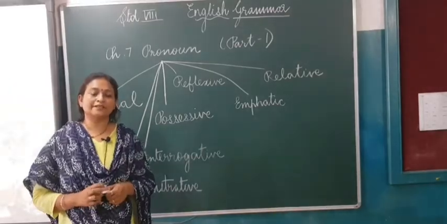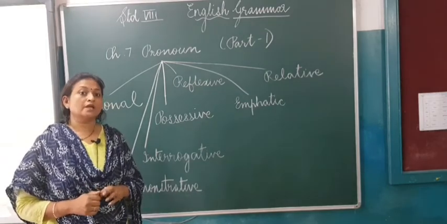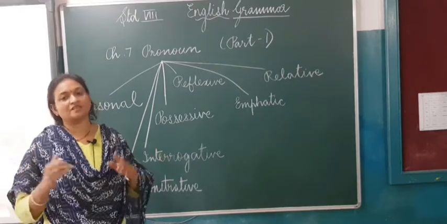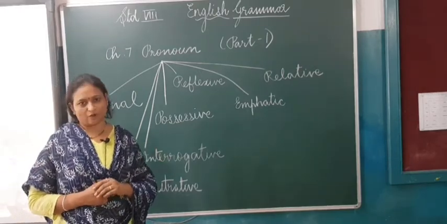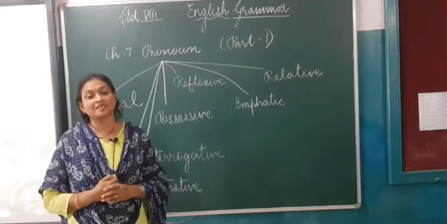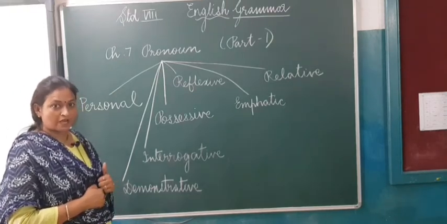Children, now we will be learning different types of pronoun. Pronoun is the biggest chapter because it has got 7 different kinds of pronoun, and we will be covering all these 7 in this semester. So first one is personal pronoun.